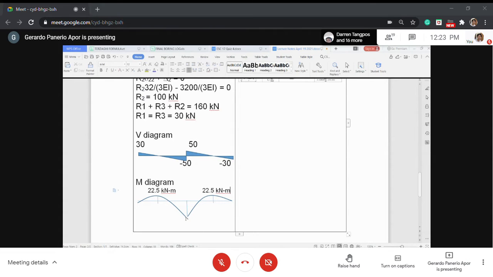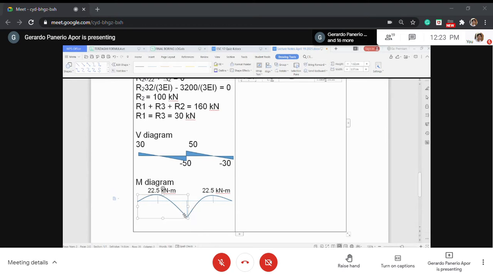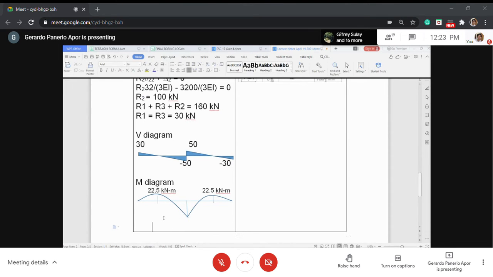Now, as to the maximum moment here, it can be computed. We have 22.5 here, and then this one is 1.5 meters. So the distance from the zero shear to the midspan is 2.5. So this area here, the shear diagram is negative 50 times 2.5 divided by 2 is 62.5. That's negative.